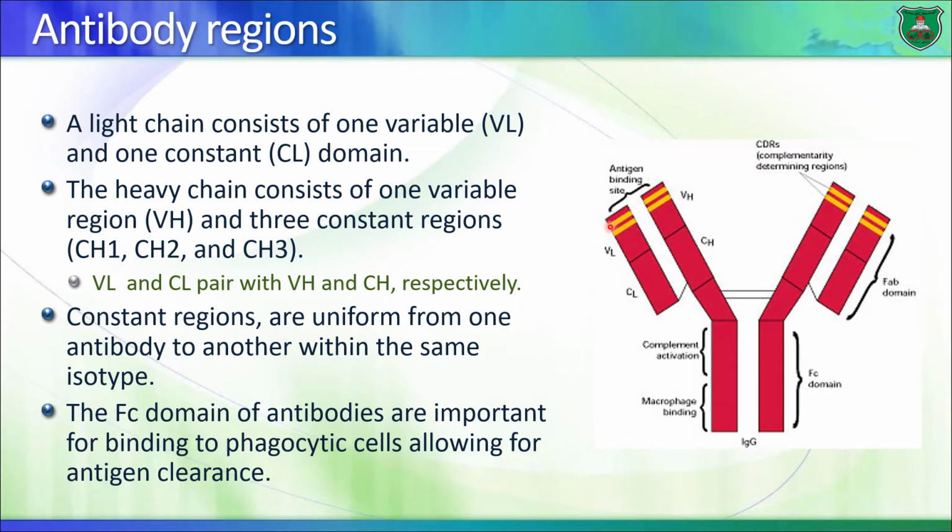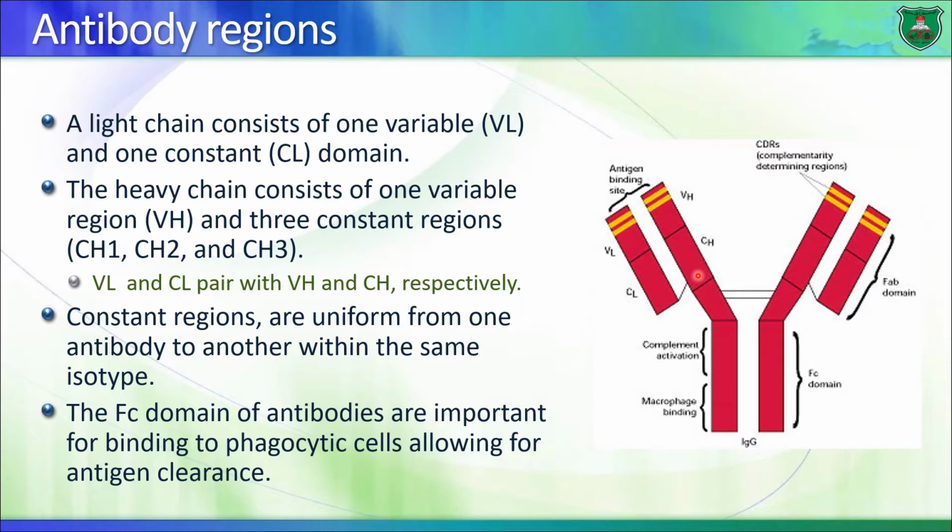Now notice that the variable domain of the light chain interacts with the variable domain of the heavy chain, and the constant domain of the light chain interacts with one constant domain of the heavy chain.